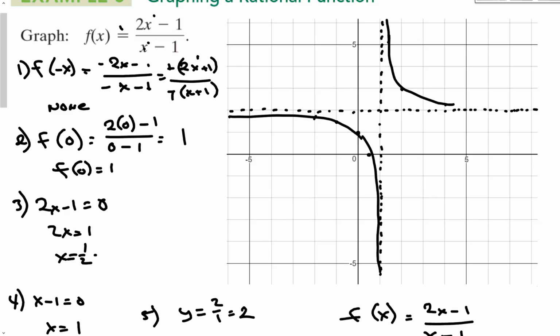And it's going to go kind of like that and flatten off and approach 2. So the limit of this function as x approaches infinity is 2, as well as x approaches negative infinity is 2. And there's my graph with my 7-step process.